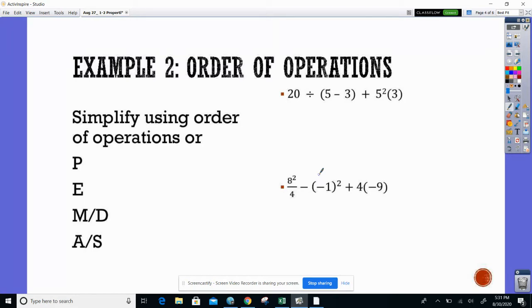When we talk about order of operations, we normally think PEMDAS. If you remember PEMDAS, the P stands for parentheses. The E stands for exponents.